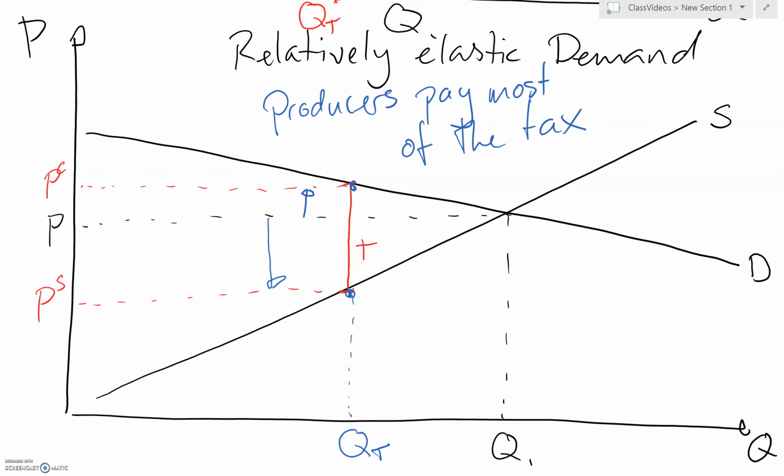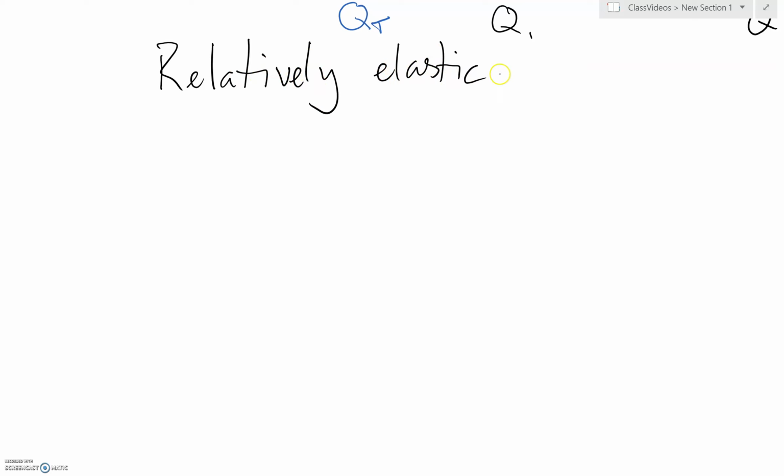Okay, so let's have a look at the other situation here where we'd have relatively elastic supply.